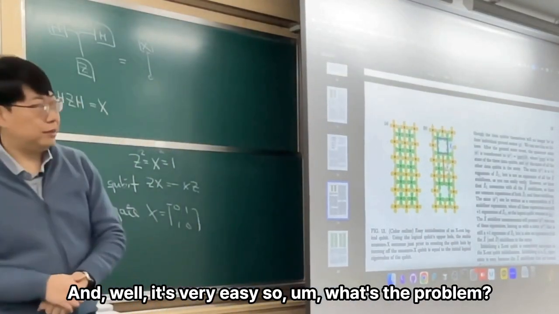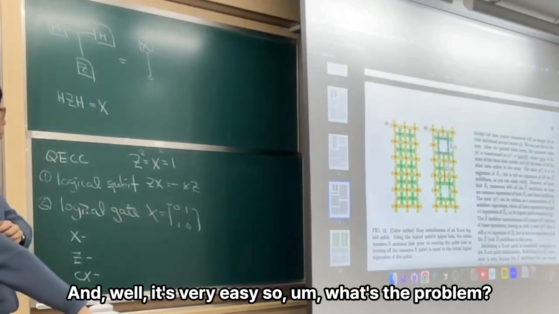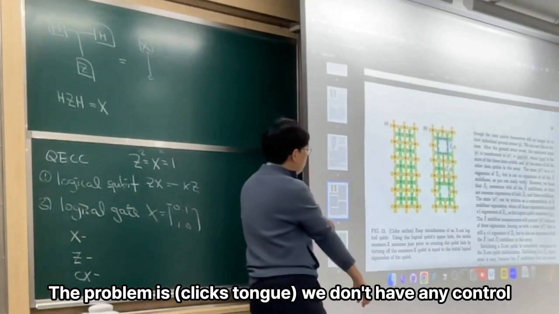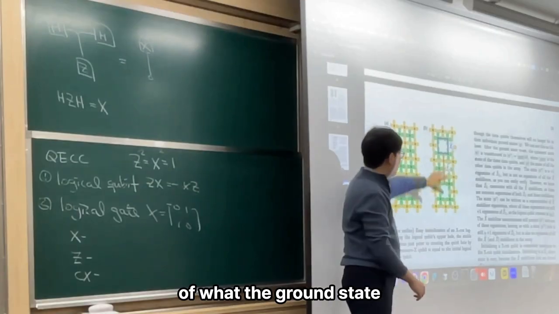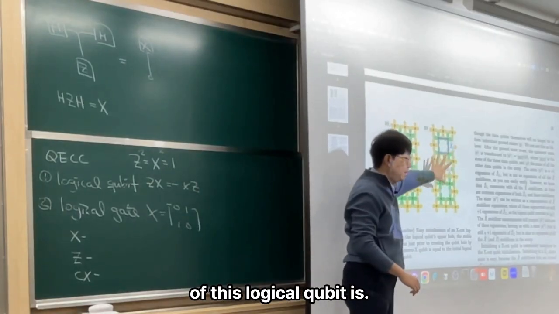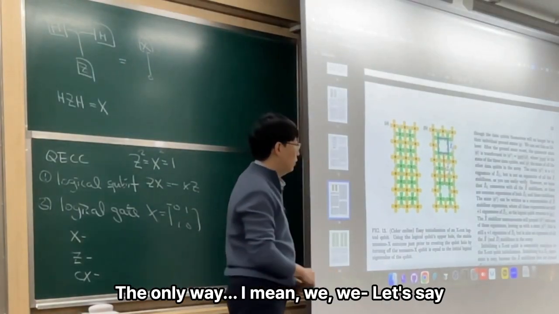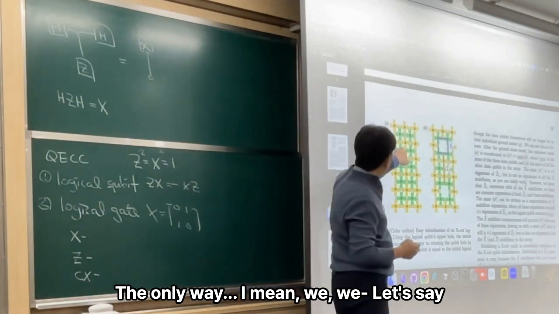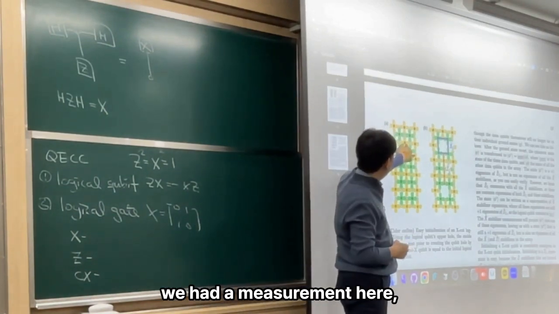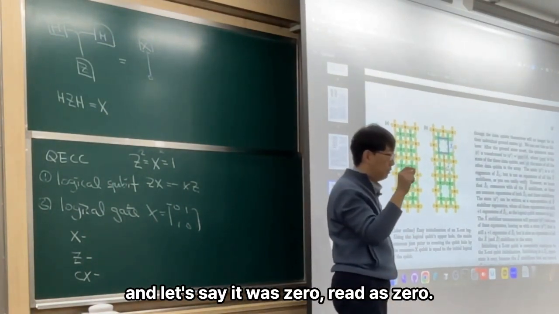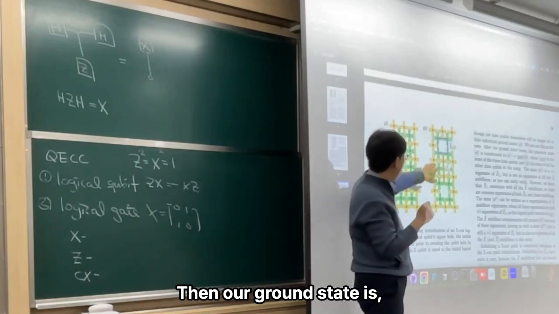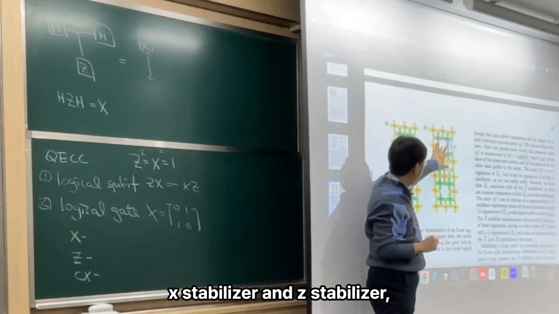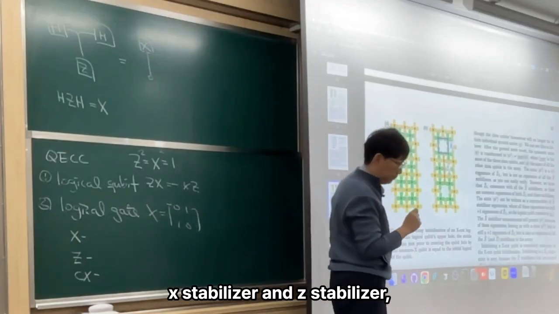Well, that's very easy. So what's the problem? The problem is we don't have any control of what the ground state of this logical qubit is. We know what the ground state is, but we don't have control. So let's say we had a measurement here, and it was read as 0. Then our ground state is the +1 eigenstate of this X stabilizer and Z stabilizer.